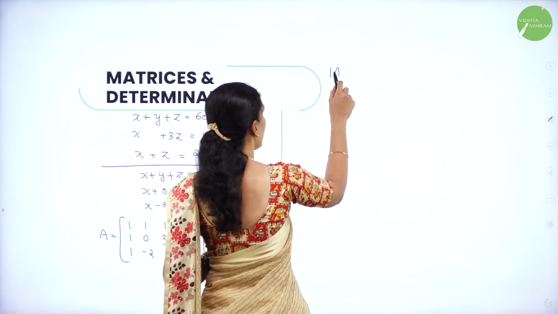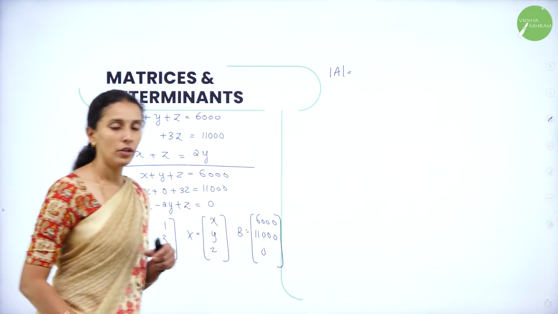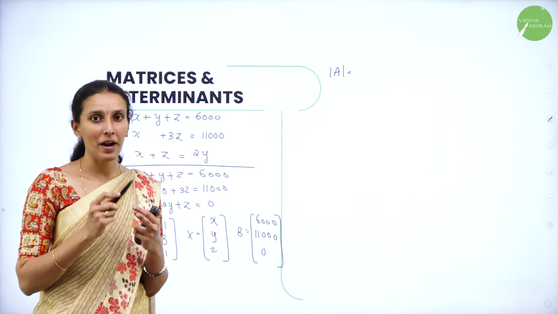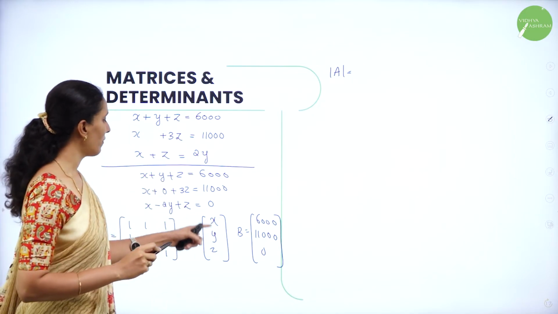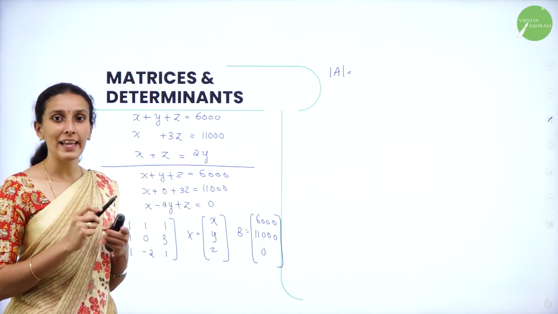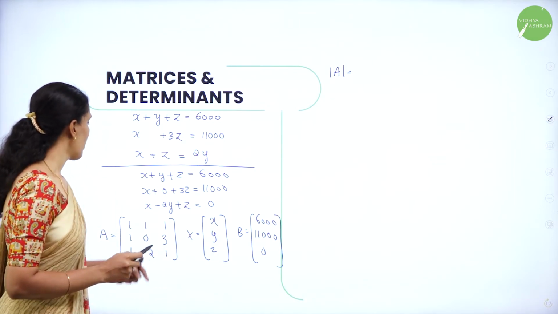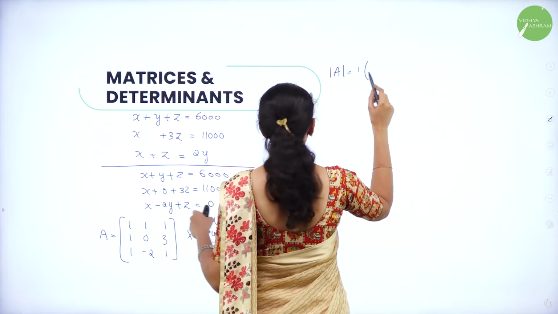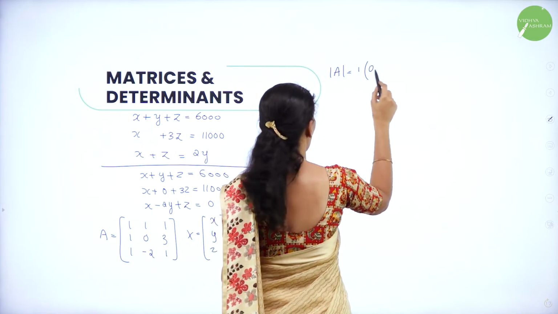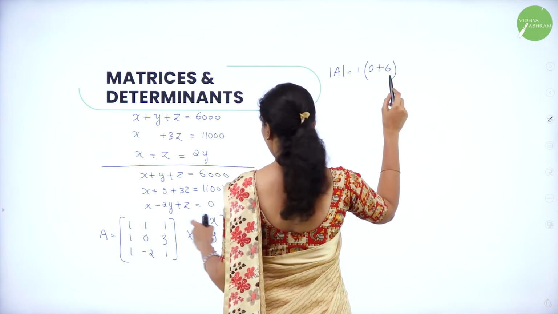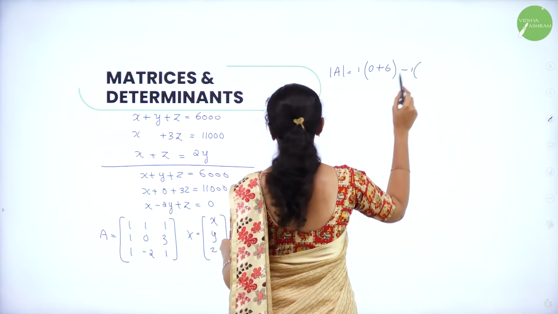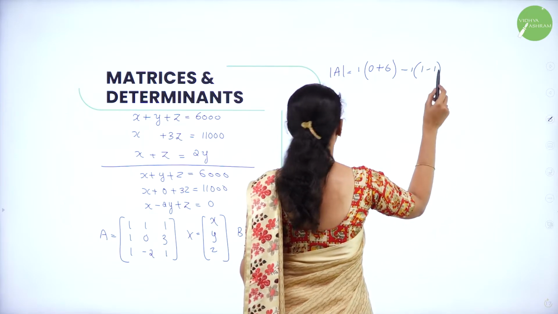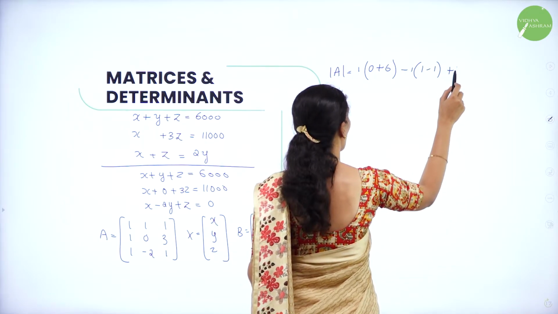Now let's find the determinant value. So why do we need to find the determinant value? To verify whether A inverse exists or not, because we are doing it by the matrix method. To find x, y, z, we need A inverse. So let's find the determinant value. For 1, it is 0, minus of minus 6 is plus 6. Next we have minus 1. So for minus 1, it is 1 minus 1 again. Next for the last column, plus 1.